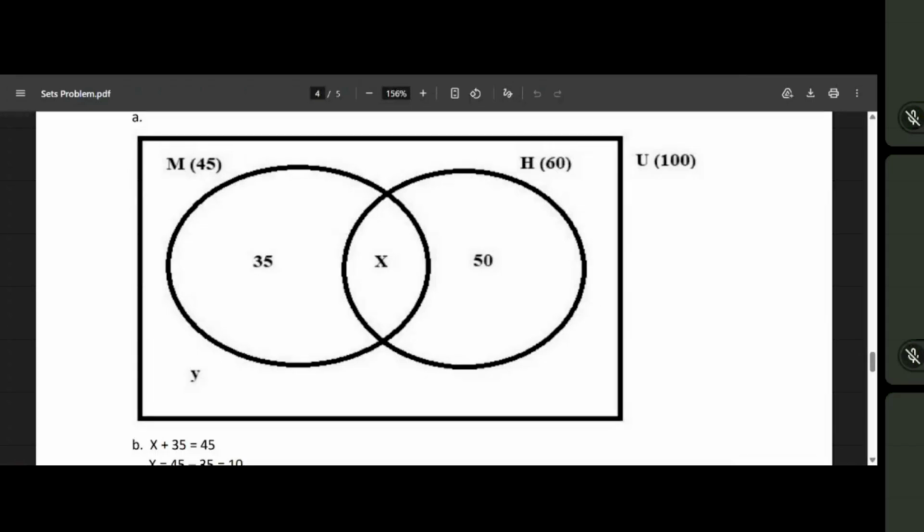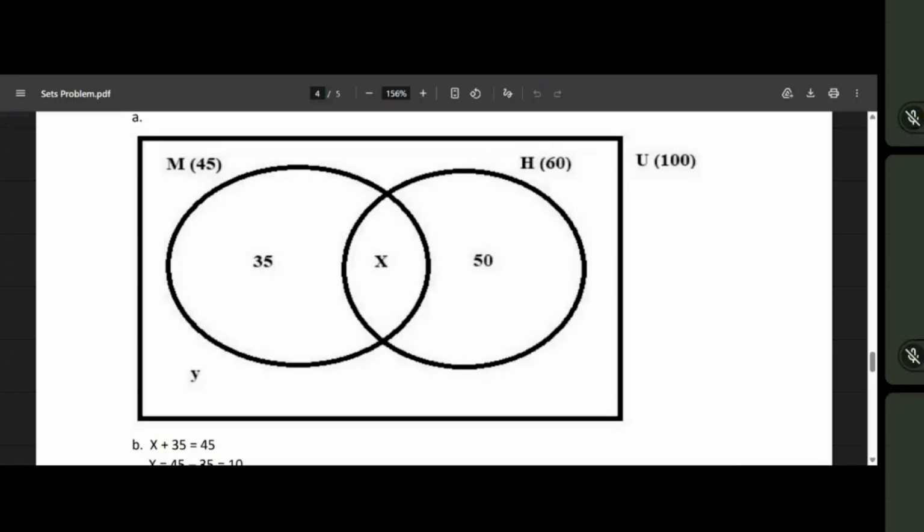Let's look at it. 45 plus 60, what do we get? 105. So already you have exceeded the 100. We were told that there are 100 patients.